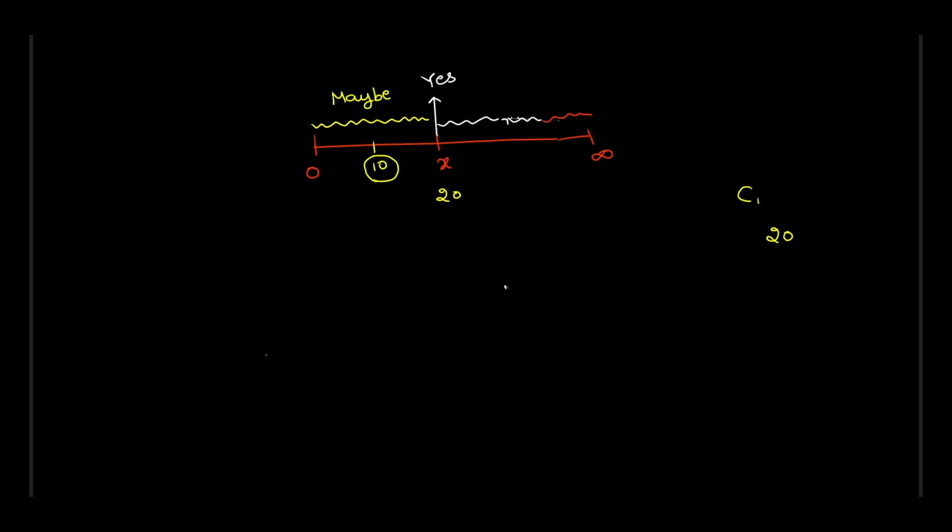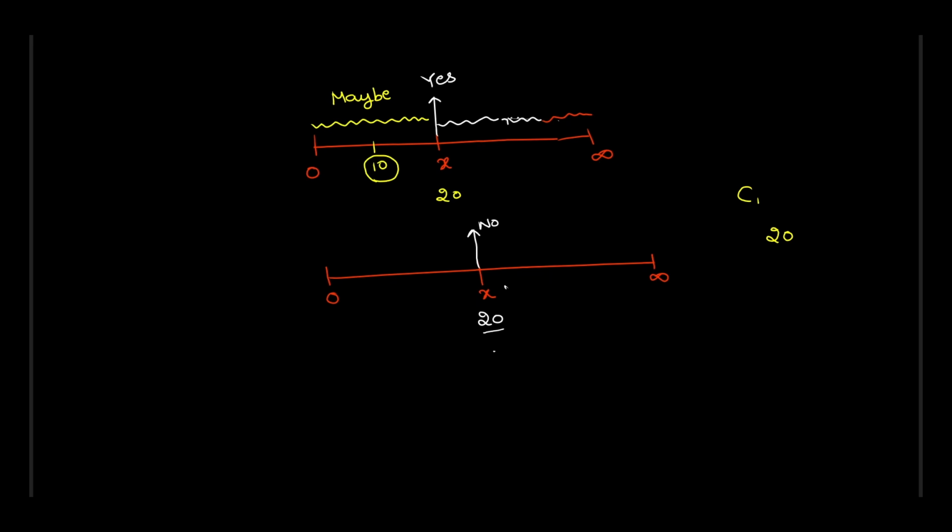But if the answer to this problem is no, like there is no configuration, and you have this x over here, and the answer to this problem comes out to be no, this means there is no configuration in the world where you can place barriers such that the sum of elements of each color is less than or equal to 20.